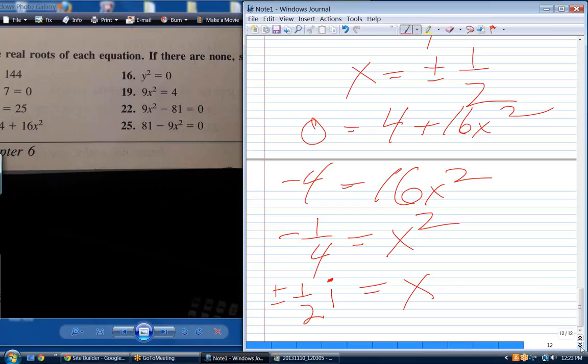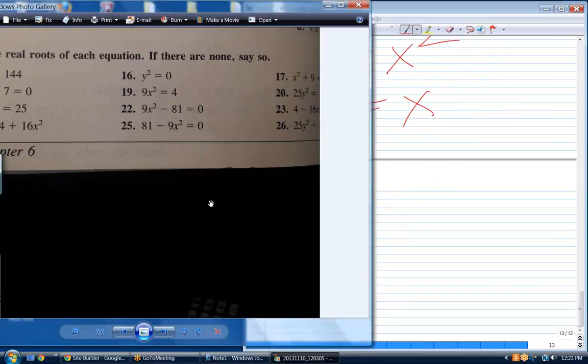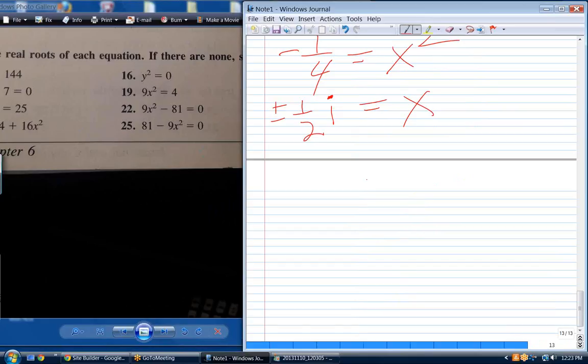Okay. Equals 9, whoops, 81 minus 9x squared equals 0.